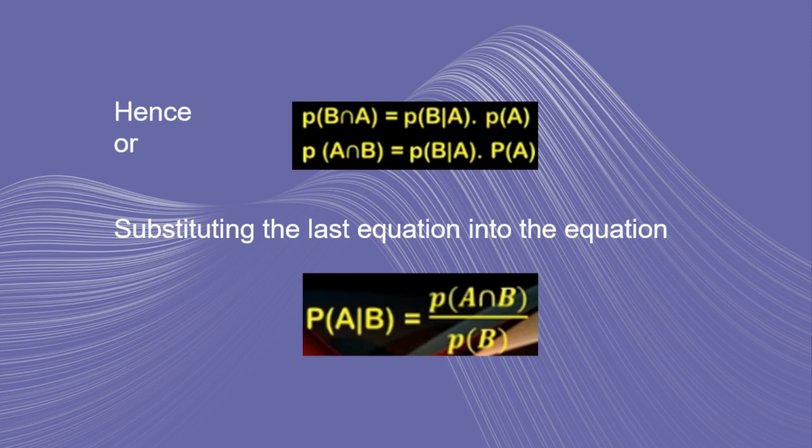Substituting the last equation into the earlier equation, P(A|B) equals P(A ∩ B) over P(B).